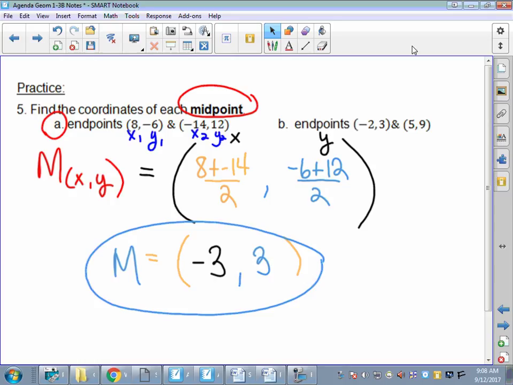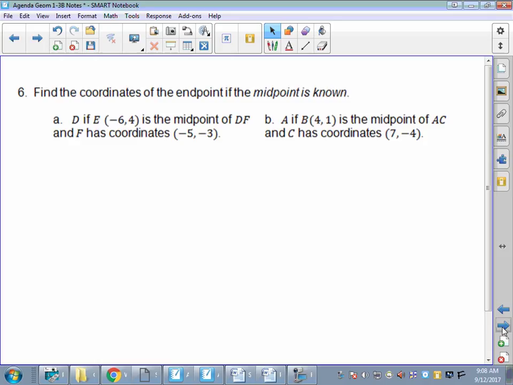All right, let's look at practice number 6. Let's just do A again. So the directions for 6 say to find the coordinates of the endpoint if the midpoint is known. So this is interesting. It says in 6A, if E at -6, 4 is the midpoint of DF, and F has coordinates of -5, -3.